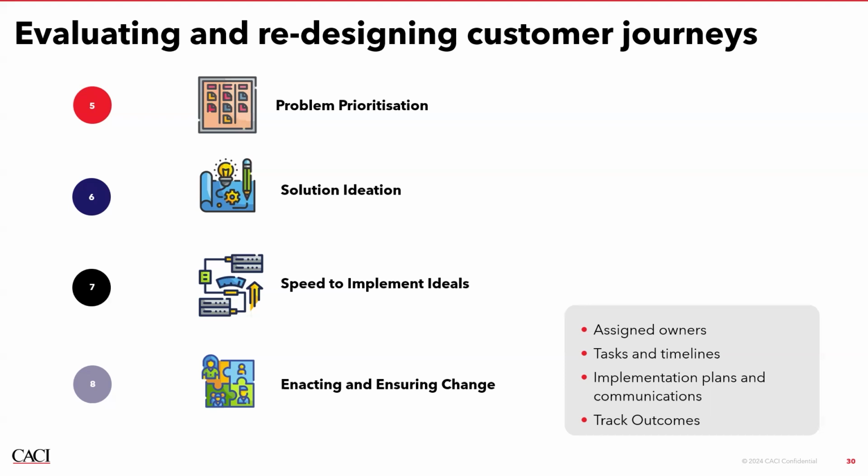But as issues are discovered, as they're prioritized, as solutions are developed, and decisions are made as to where they should be taken, it's really important to weave those into the roadmap for change, to ensure that the tasks and timelines are well assigned and that people understand what they have to do and that they are taking ownership of the tasks and responsibilities that they have, whether that is from a communications perspective across the organization, or change in terms of digital systems, or from a trainer who is engaging with third parties.